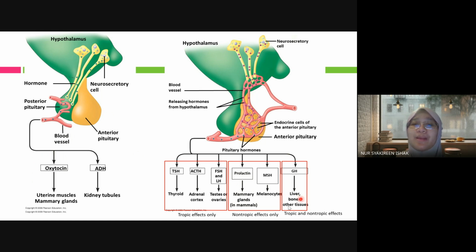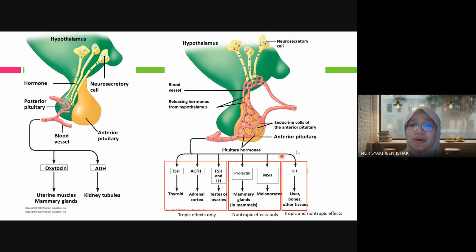And then we have the MSH, melanocyte stimulating hormone. It causes the synthesis of your skin pigment, melanin. It triggers melanocyte cells that produce melanin, your skin pigment.